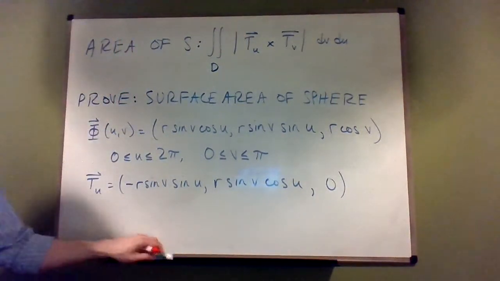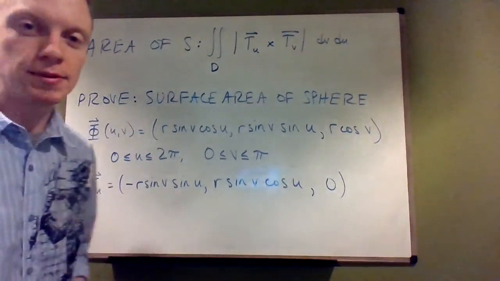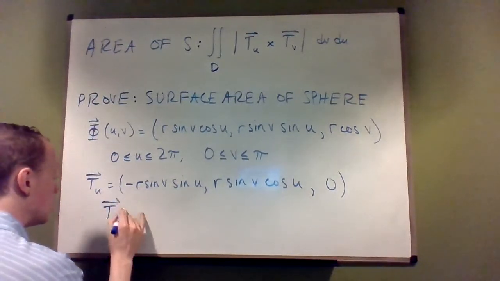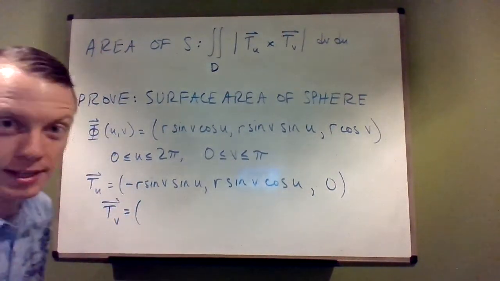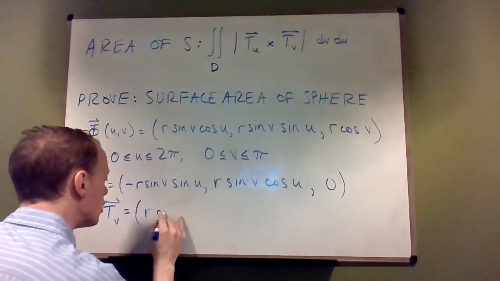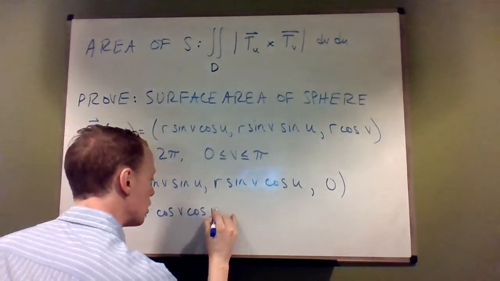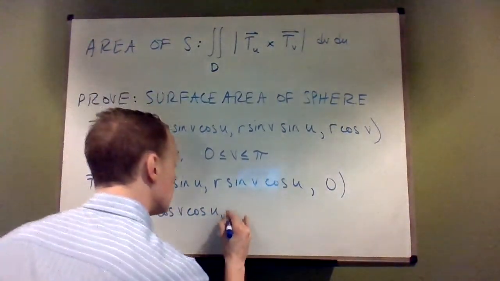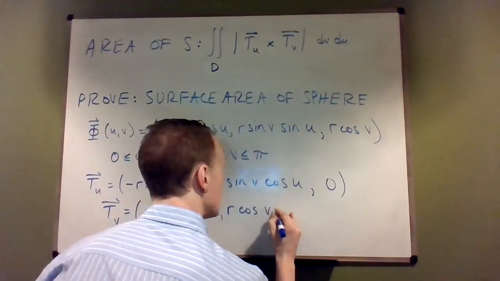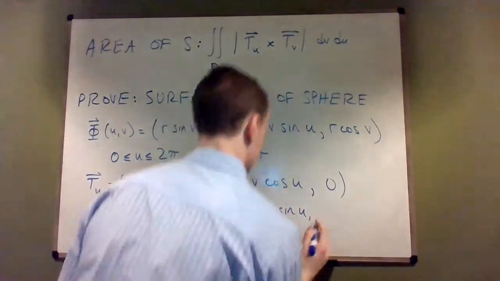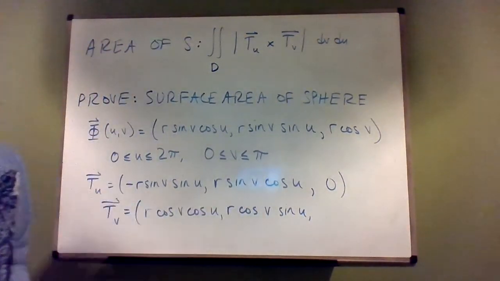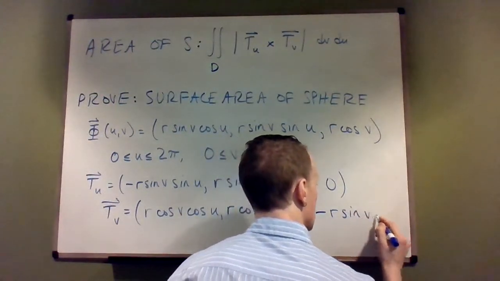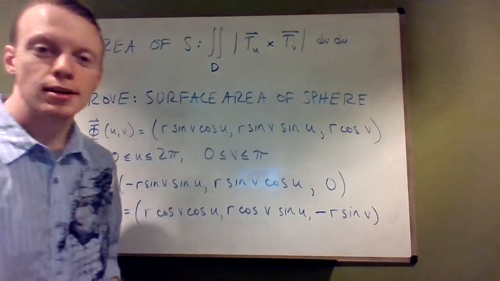And if I take the partial of capital Phi hat with respect to v, that gets me T sub v hat, and that's going to give me r times the cosine of v times the cosine of u, comma r times the cosine of v times the sine of u, comma minus r times the sine of v.